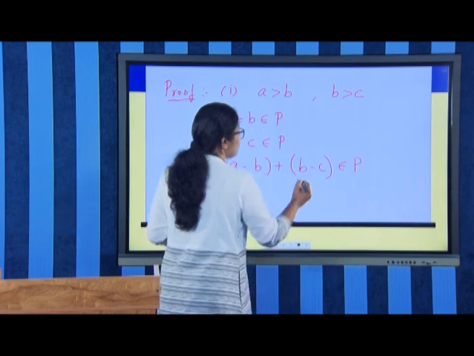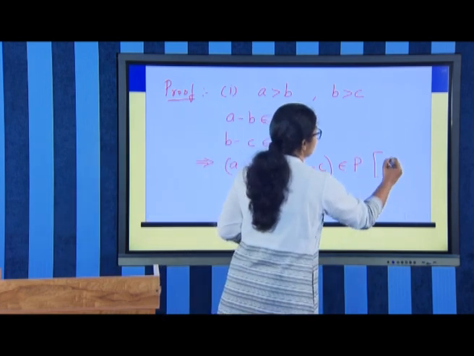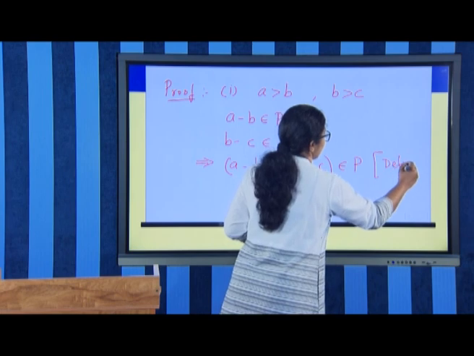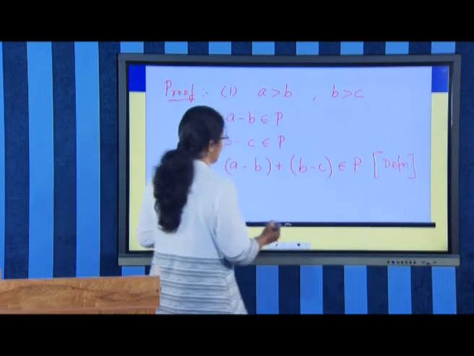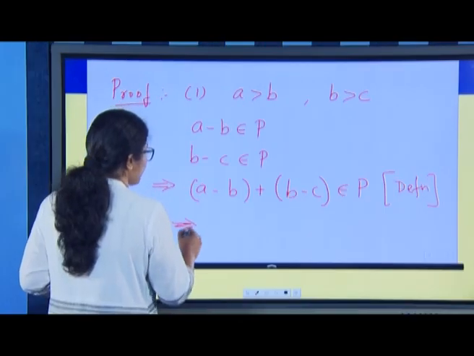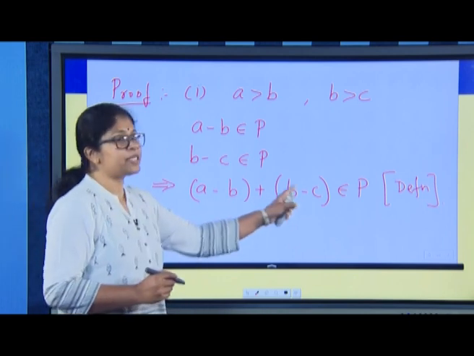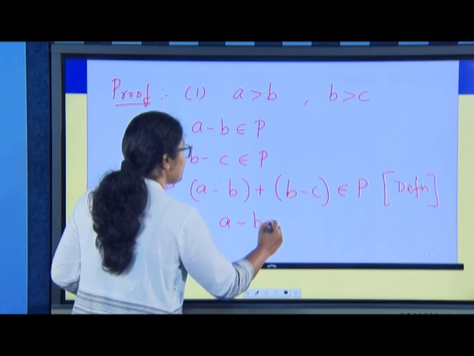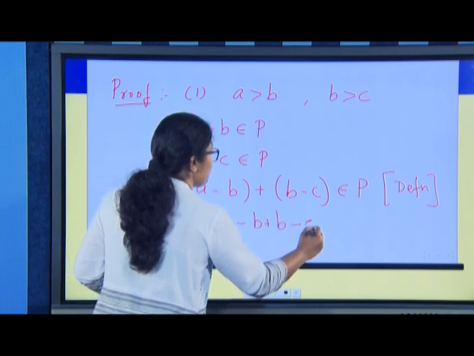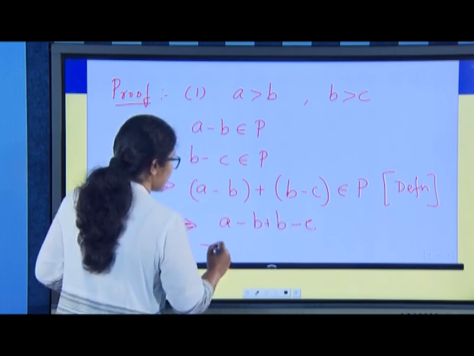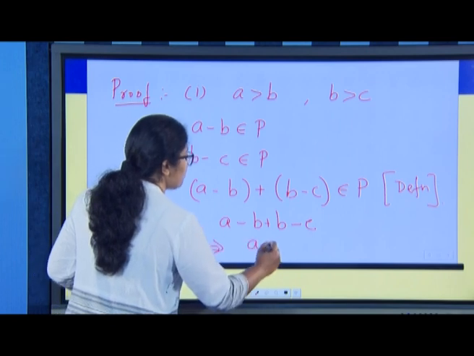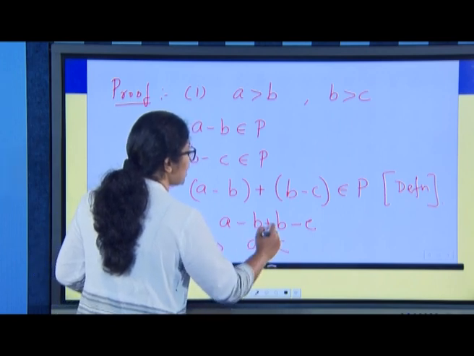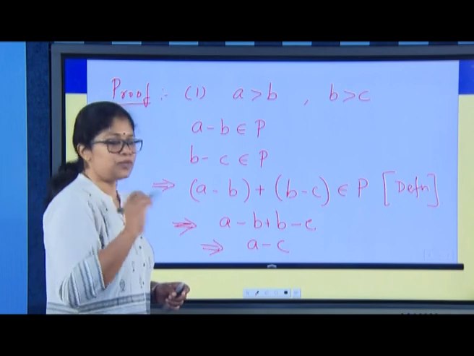So, this follows from where? It follows from the definition. So, that implies A minus B plus B minus C can be written as A minus B plus C minus C, that is same as A minus C, because these two add together to form 0.